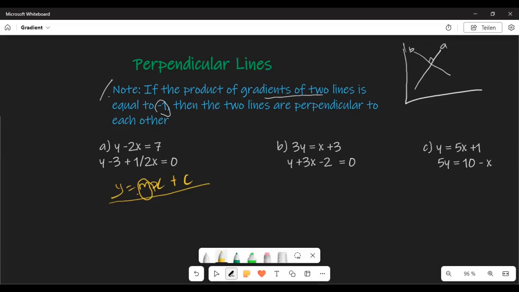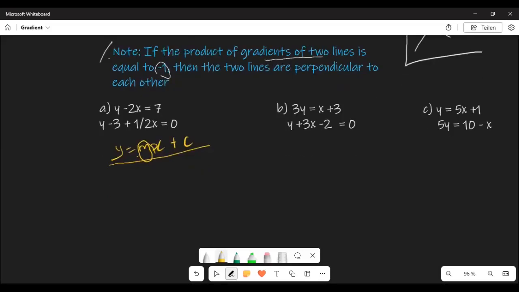So now when we look at y minus 2x equals 7, we can easily put that in the format y equals mx plus c, and then we'll find out what the gradient is. We're going to take the first line and put it in this format.